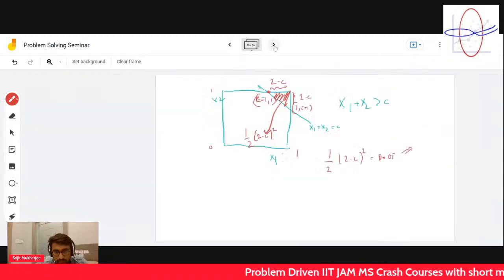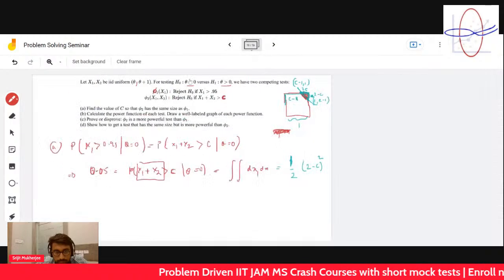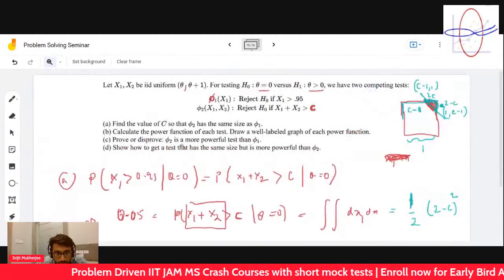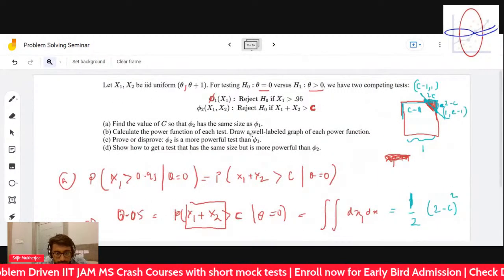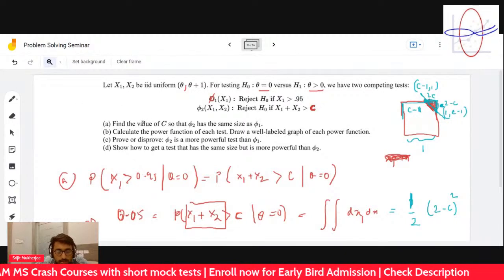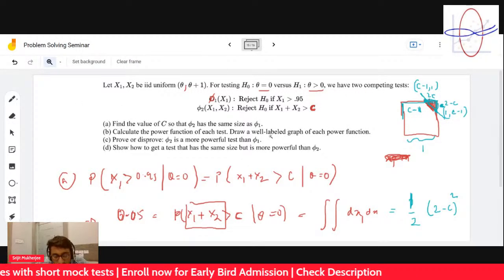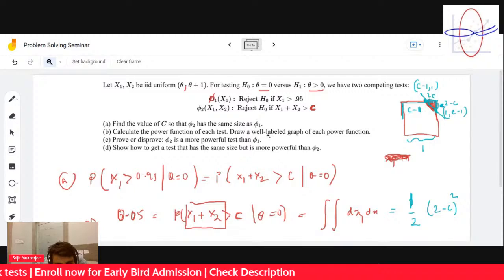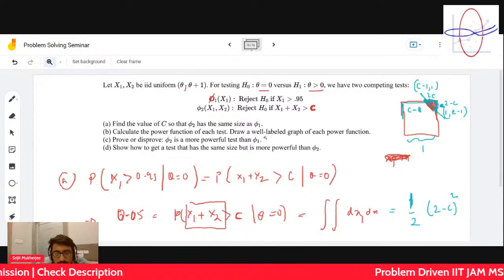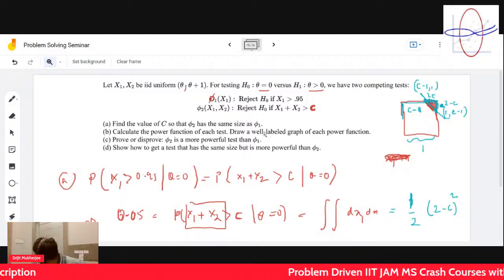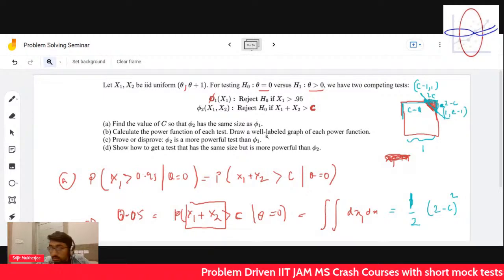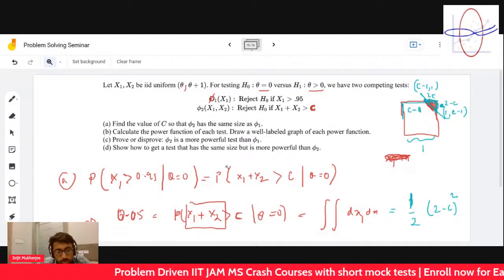This is the one, C. Oh no, wait. No, it's given that the power function of each test is x1 plus x2 less than 0.05, 0.95.